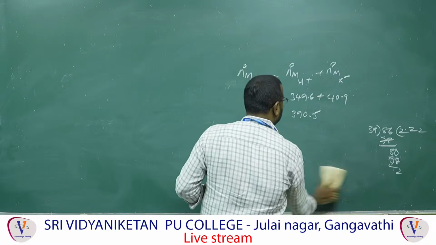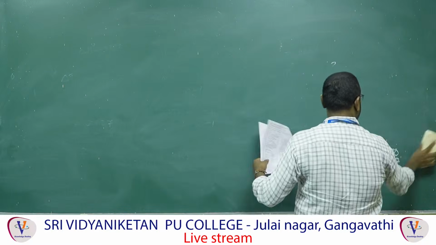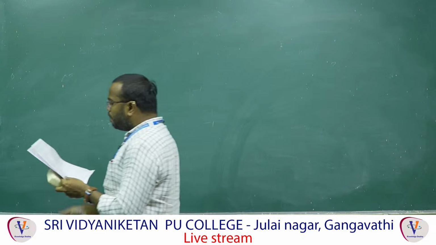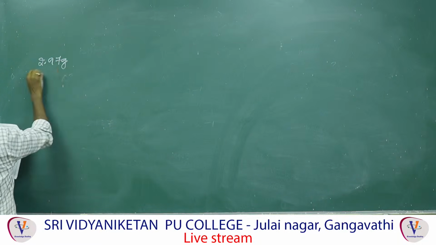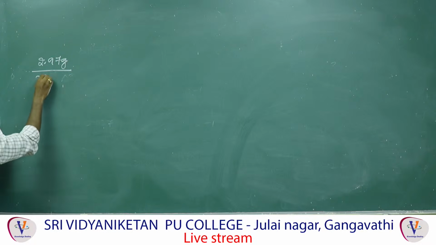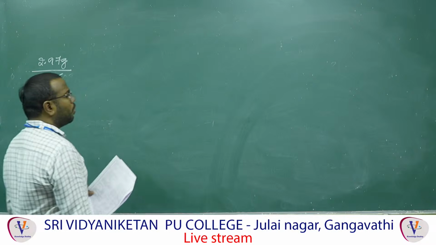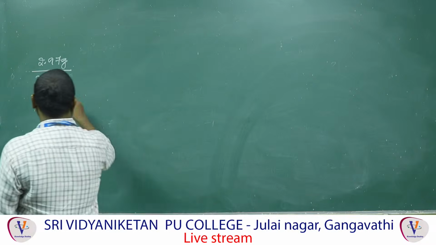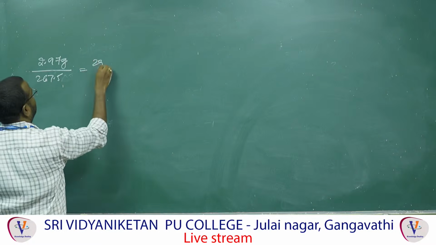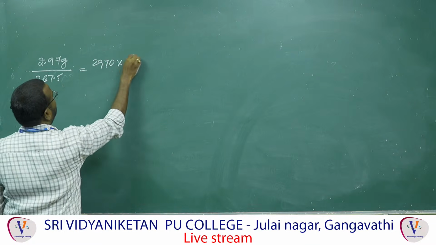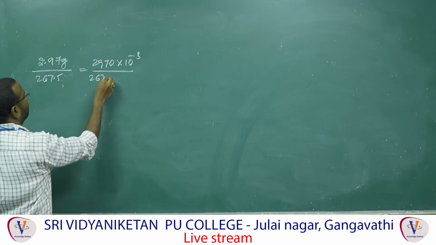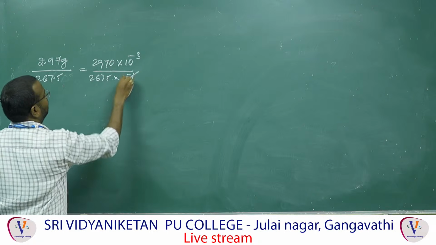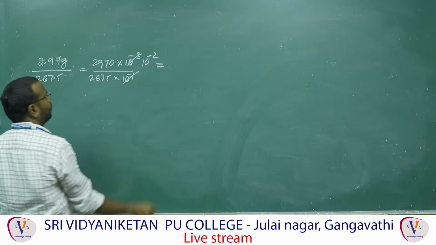When it comes to question number 60, we are given a complex of mass 2.97 grams, whereas the molar mass of that is 267.5. So we will solve this to get how many moles are actually present. Let me write it as 2970 into 10 power minus 3 and 2675 into 10 power minus 1 for simpler calculation.